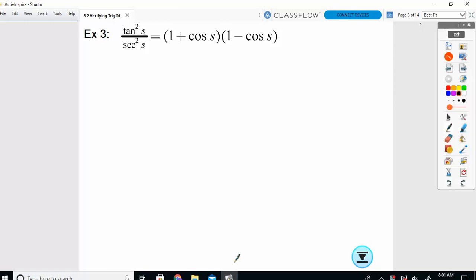Proofs. I told you that the strategy I wanted you to use is we pick a side and we box that side in. That's essentially our goal. That's what our answer should be, and we will keep working the other side until we get there. So which side do you want to box in?